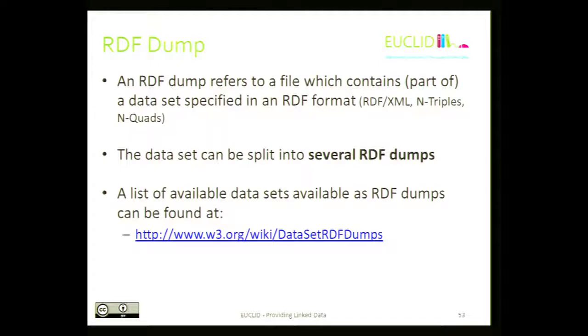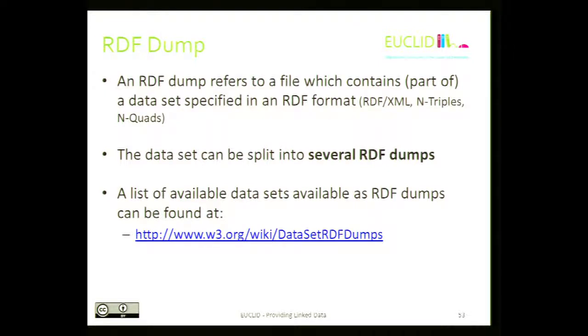Okay, a dump is some serialization of RDF, as I said, normally compressed in an archive format. So what you find is that these serializations used for any serious amount of data are seriously repetitive. Okay?